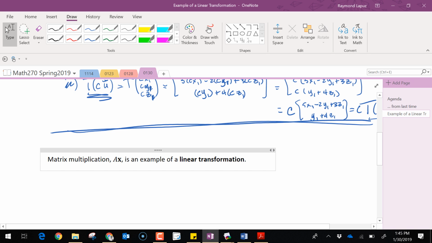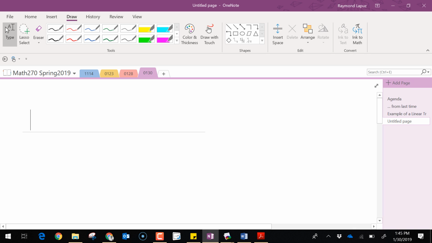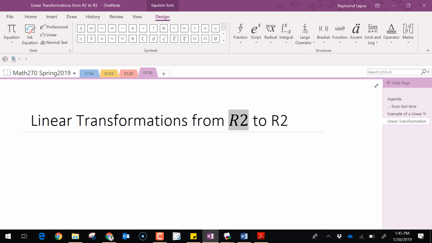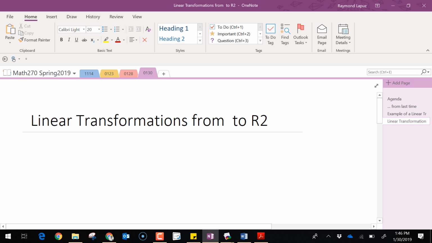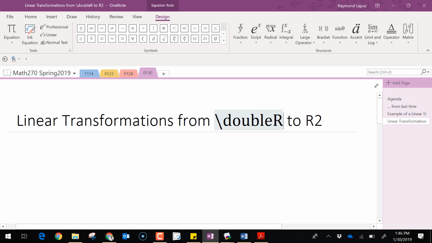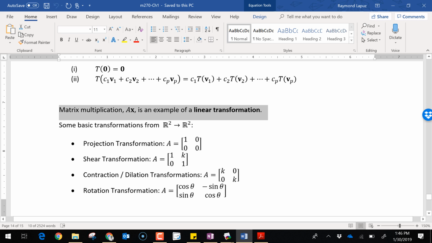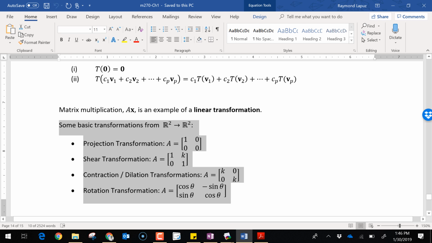So let's take a look at a handful of common linear transformations from R2 to R2. R2 to R2 is easy enough to picture.